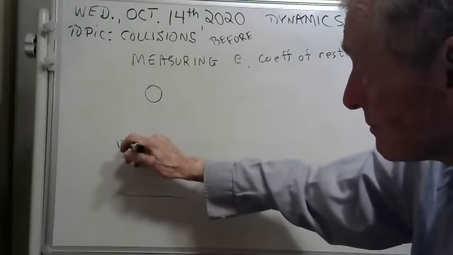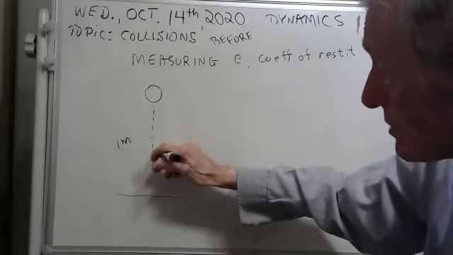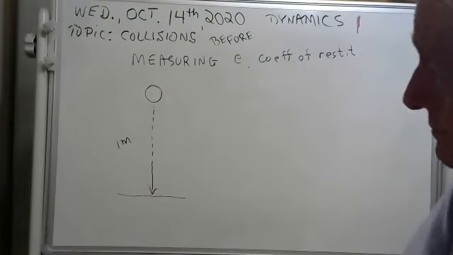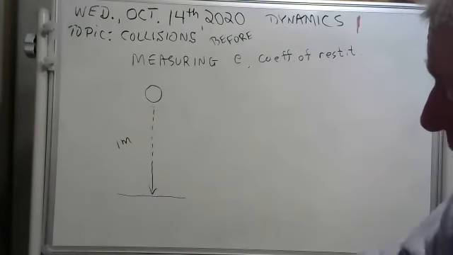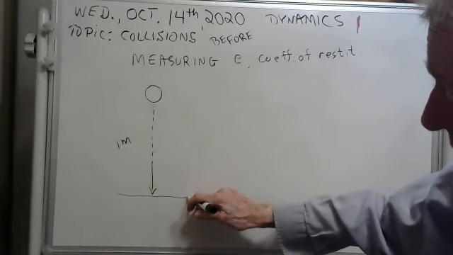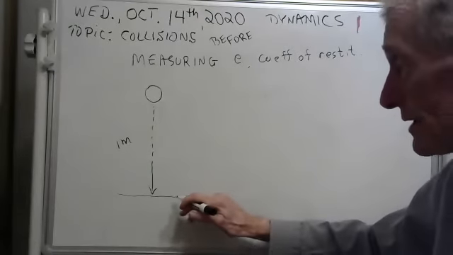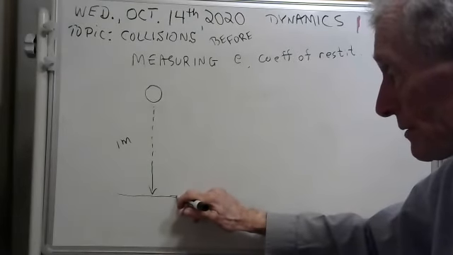We're going to drop this tennis ball 1 meter. And you know what happens when that ball hits the ground there? It kind of flattens out on the bottom a little bit.